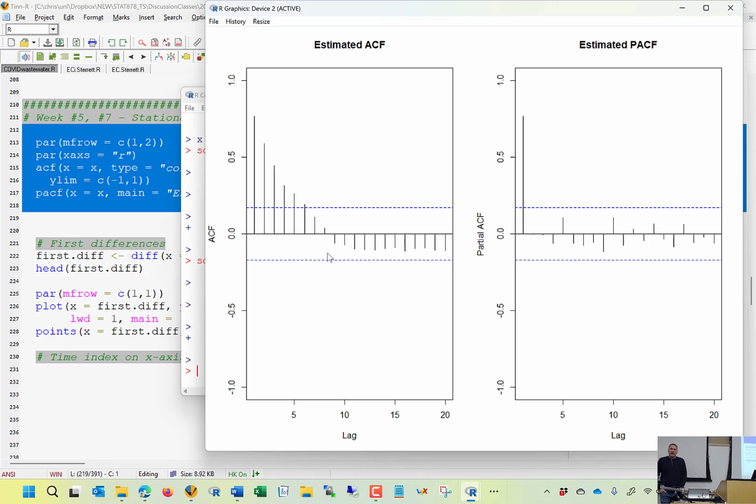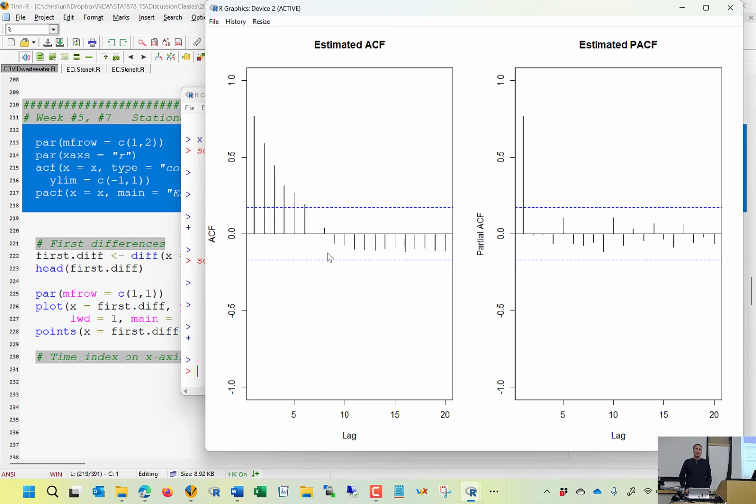Does the ACF have the characteristics that we would expect for a non-stationary in the mean issue? Yes or no? Well, if we had non-stationarity in the mean, what would we expect this plot to look like?